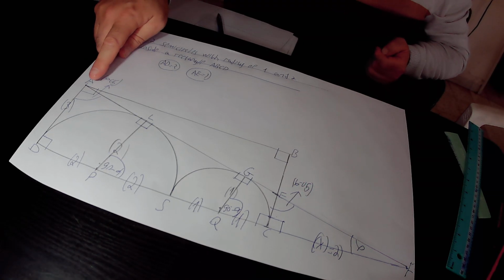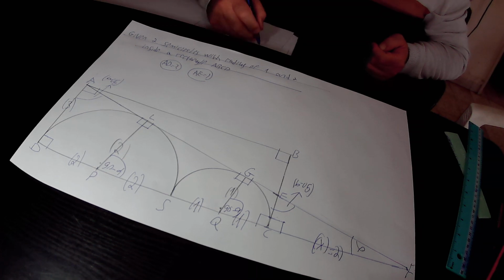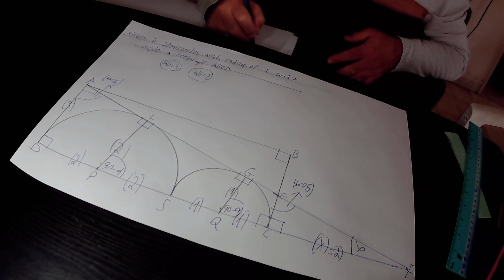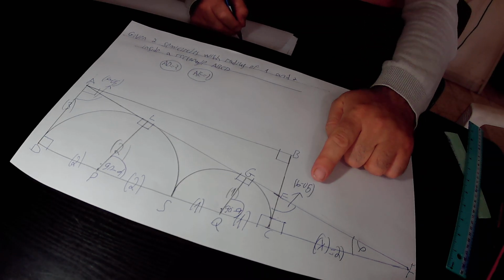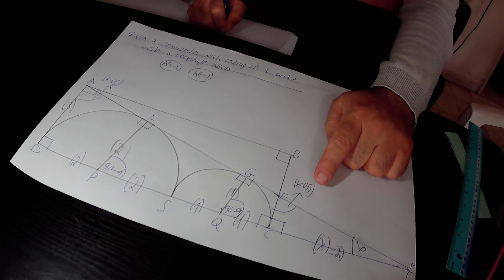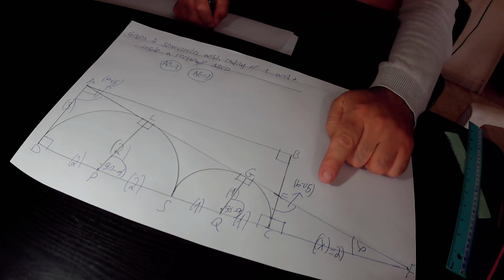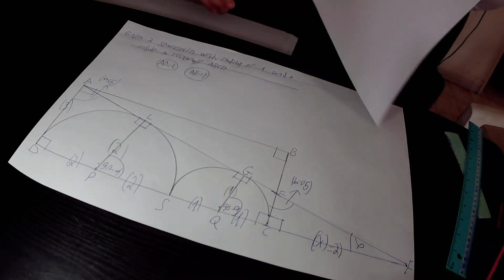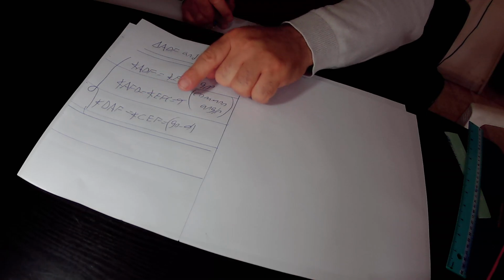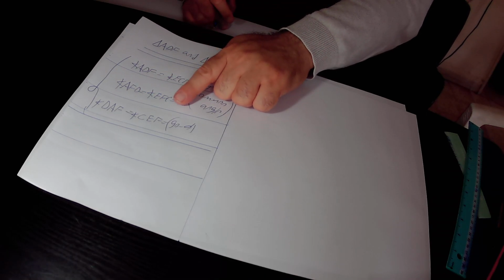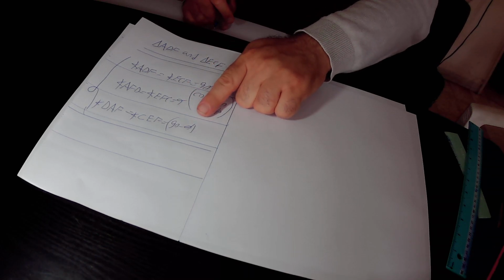So actually, this is angle DAF in the big right triangle AFD, and it is equal to this angle, that is actually angle CEF in the small right triangle EFC. So repeat again, angle DAF in the big right triangle AFD equals angle CEF in the small right triangle EFC, they are both equal to 90 degrees minus alpha, therefore they are equal to each other.